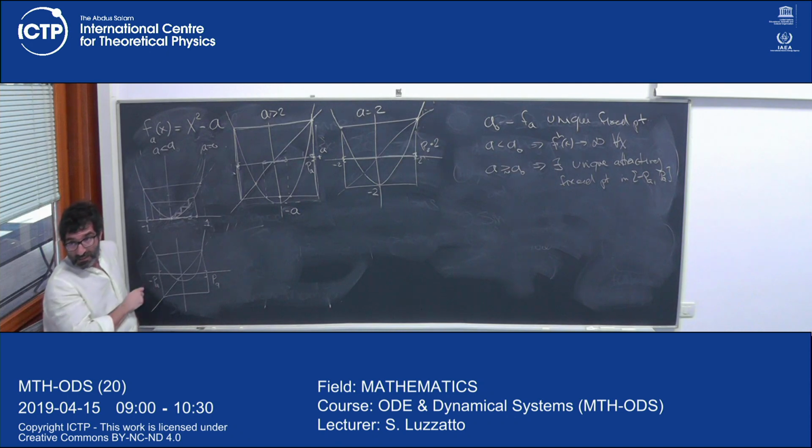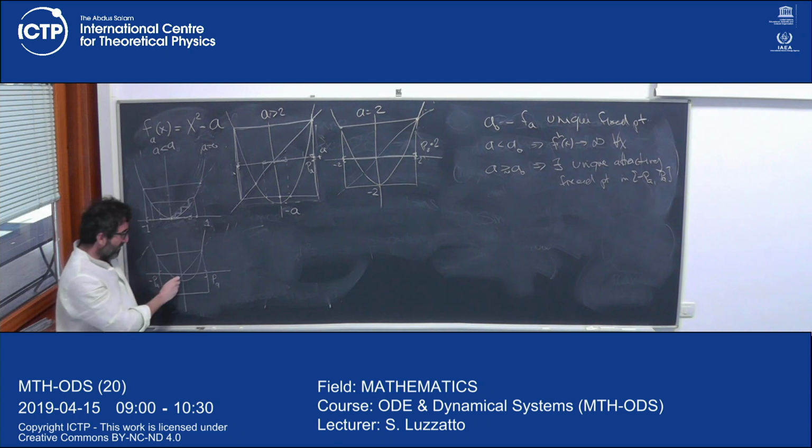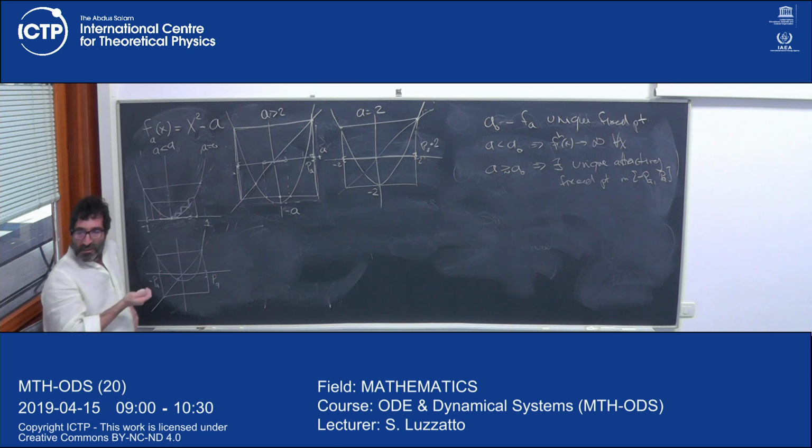But the derivative is negative, so the picture is a bit different. But you know that if the derivative is close to 0 and negative, the second iterate, this is a fixed point, so the second iterate is still a fixed point. And what's the derivative of the second iterate? It's positive and still close to 0, which means less than 1, which means it's an attracting fixed point for the second iterate of the map. Okay, which means it has to be an attracting fixed point also for the first iterate of the map.